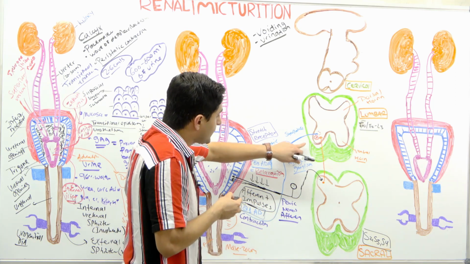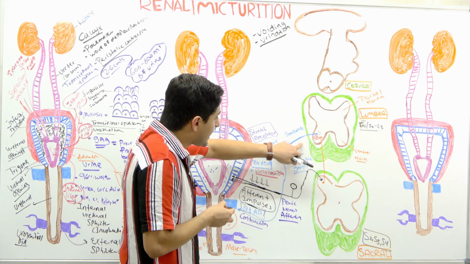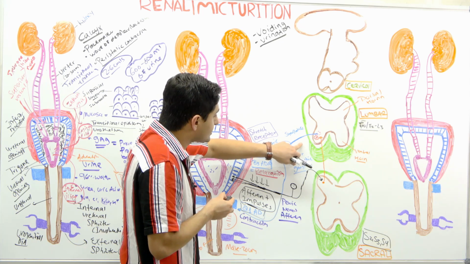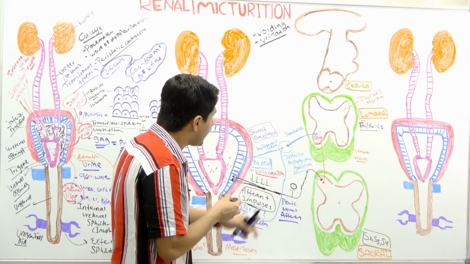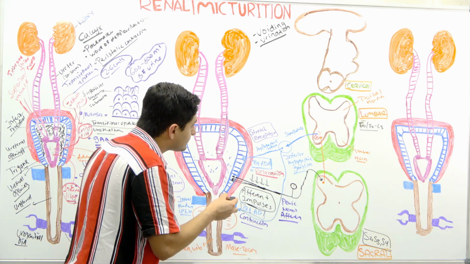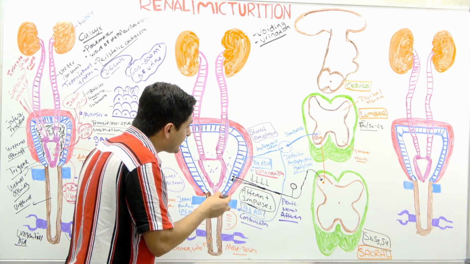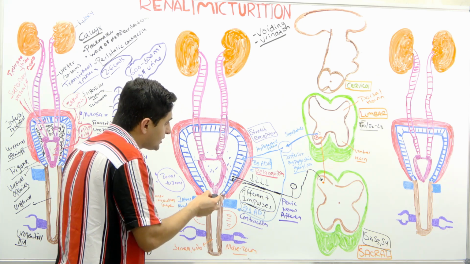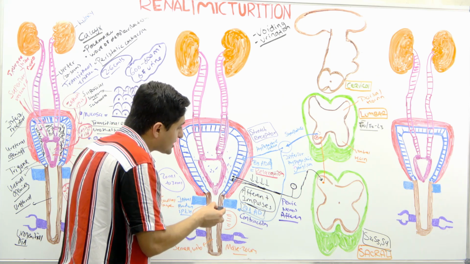As it's going upward, this relays the signals to the sympathetic neurons, and the sympathetic neurons get activated. Then these sympathetic nerves come here and synapse at the inferior hypogastric ganglia.